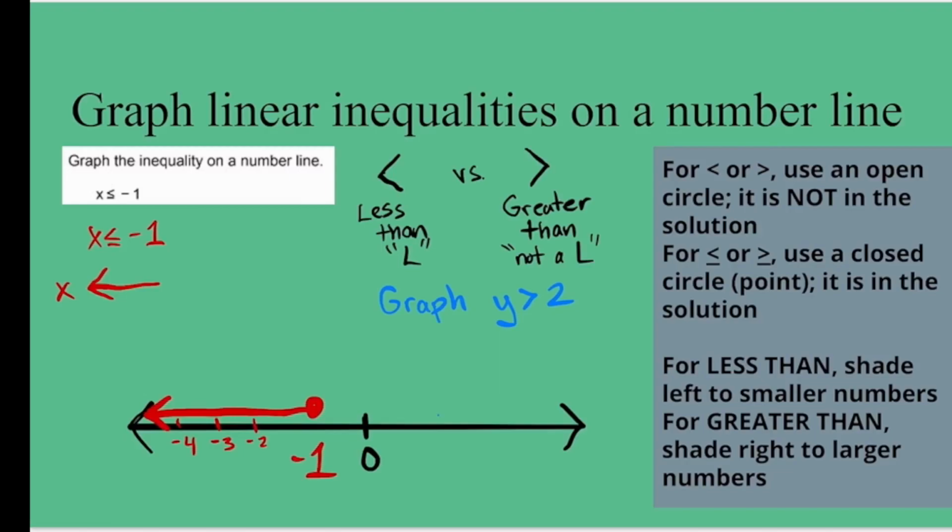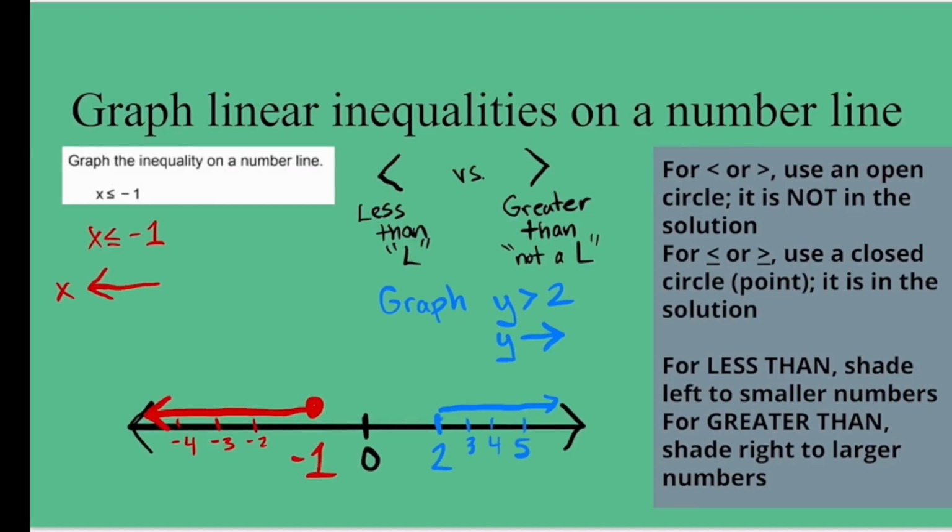I'm going to plot the number 2 somewhere on my number line. Because my variable is on the left and my inequality is pointing to the right, I know that my y values are going to go to the right. So we're going to go to the right of 2: 3, 4, 5, those numbers are greater than 2.